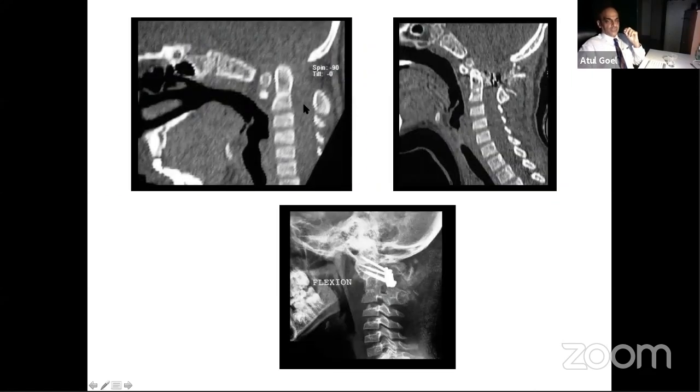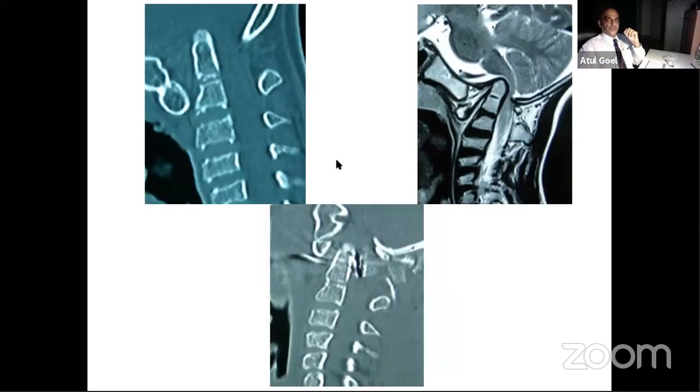So basilar invagination is nothing but an unstable craniovertebral junction. It does not need decompression. It needs stabilization. So this is the concept that we introduced in this subject of craniovertebral junction: do not remove the odontoid process.